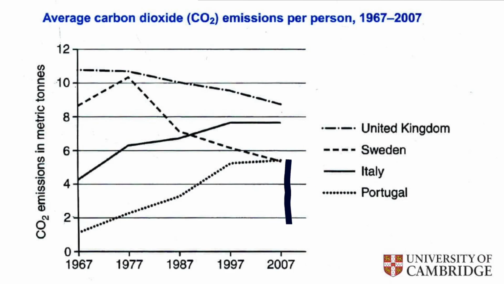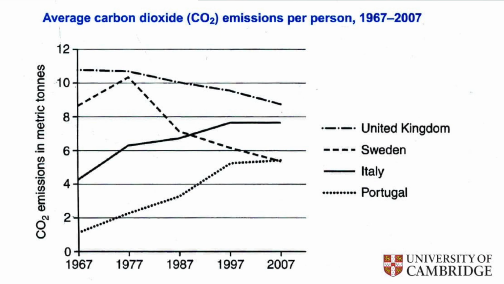So 4 metric tons increase. That's 4, the amount of change. Italy went from almost 4, but not exactly, to almost 8, but again not exactly. So it was like 3 something metric tons of change.